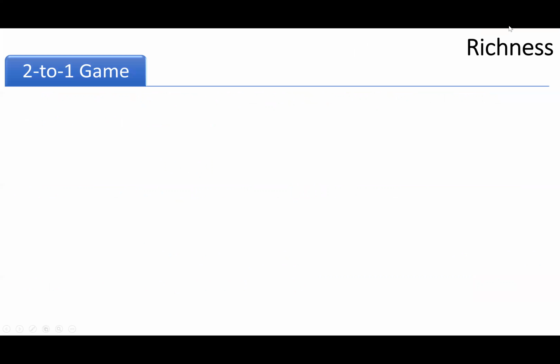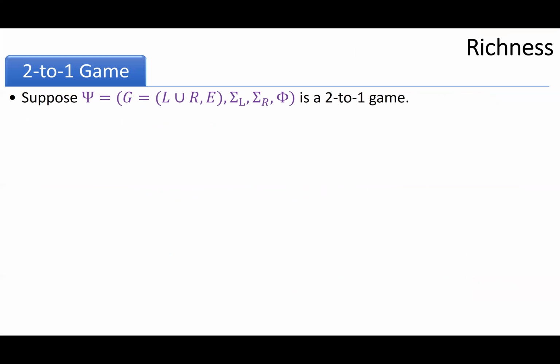Okay, so now we are going to define a new parameter for problems, which is called richness, and this is what will define our intermediate problems. So recall that a 2-to-1 game is simply a label cover instance where each constraint is a 2-to-1 map.